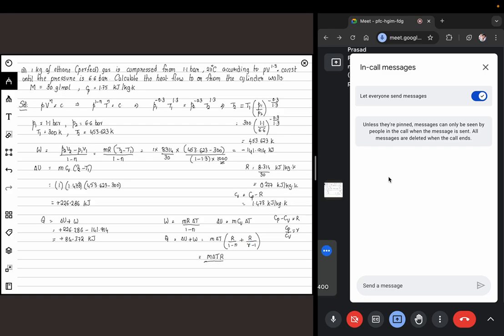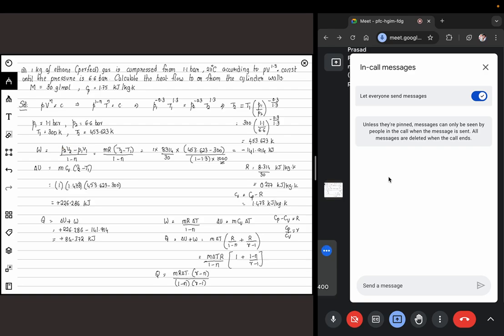If you do that, this gives us Q equals mR delta T into gamma minus n by gamma minus 1. You can directly use this relation, or you follow the one that we have followed here.